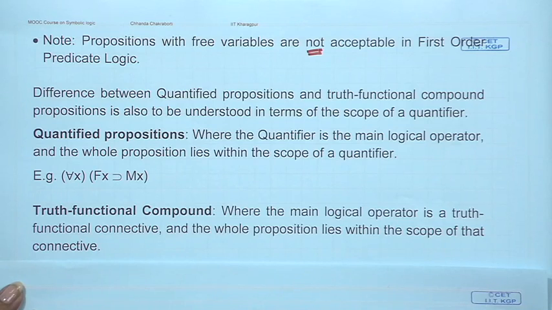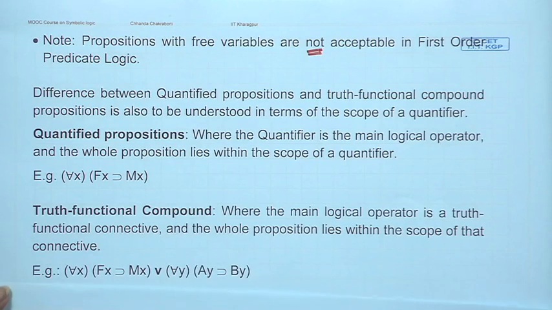So, the entire sentence is going to be within the scope of that connective, not under a quantifier. Okay? So, the proposition is going to look different, is to be interpreted also differently, and its function also will be different. Take a look, for example, here.